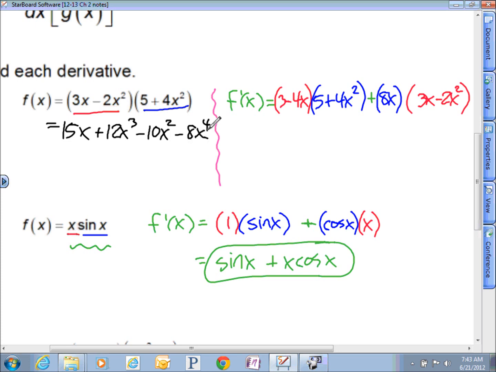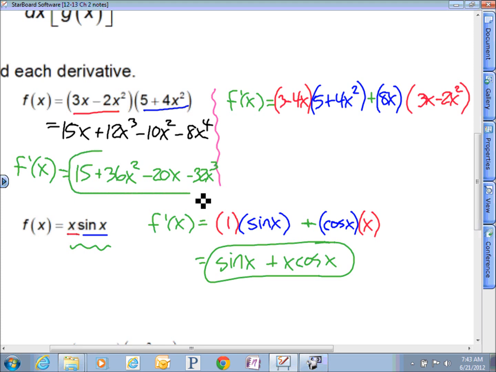And then we took the derivative of each of those individual terms because now I see 4 terms. So let's do 4 derivatives. First term's derivative is 15 plus 36x squared minus 20x minus 32x cubed. There's the derivative. And if you would have carried out this algebra over here on this side, it would have taken you to the exact same place.